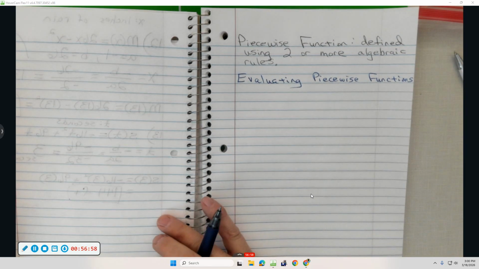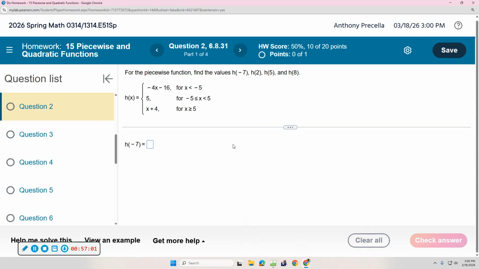For example, looking at number 2, they give us a piecewise function that uses 3 pieces. We have h of x equals, and there are 3 pieces. We'll use the piece negative 4x minus 16 for x values that are less than negative 5. We'll use the piece... do you have a green one?